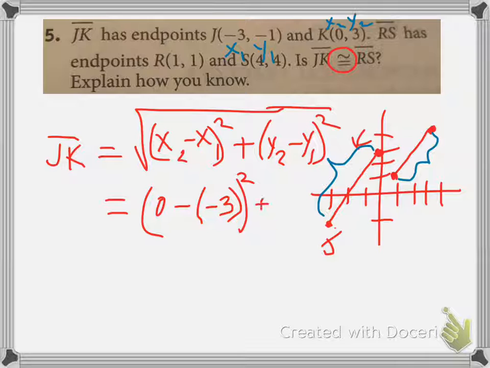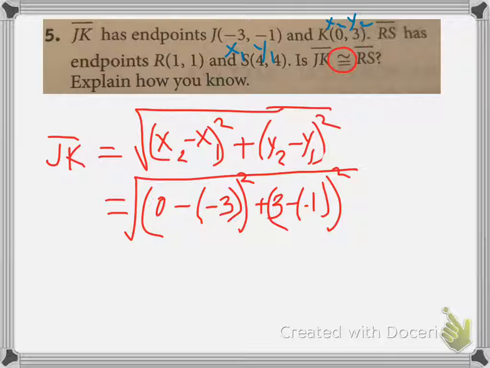Then plus (y2, which is 3, minus y1, which is -1) squared. I deleted the graph to give us more space.